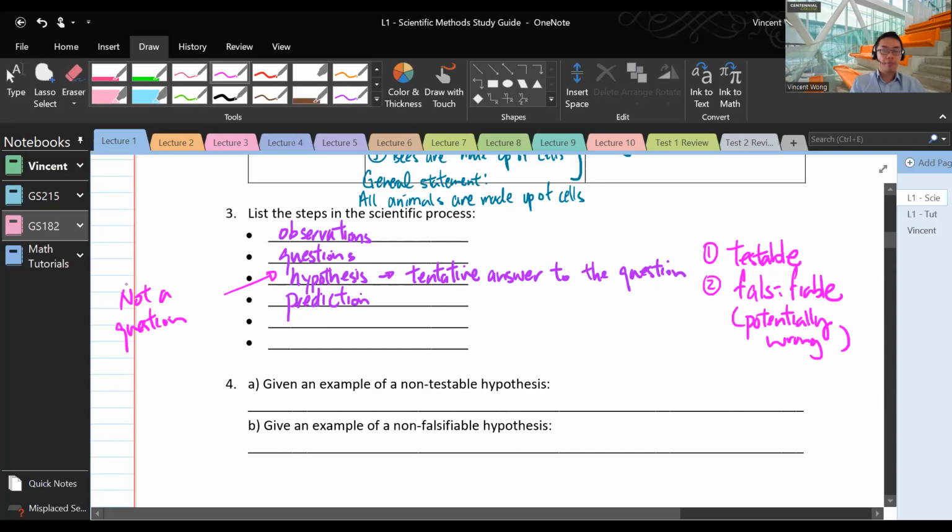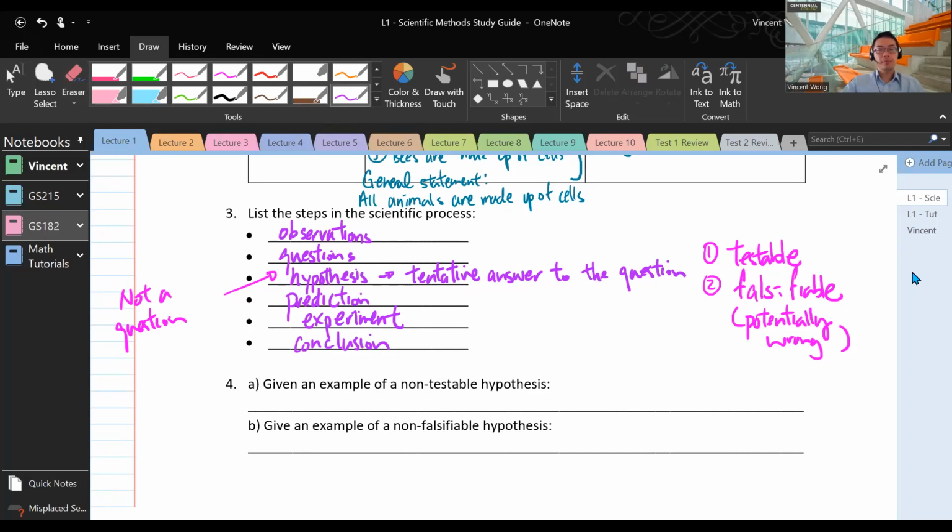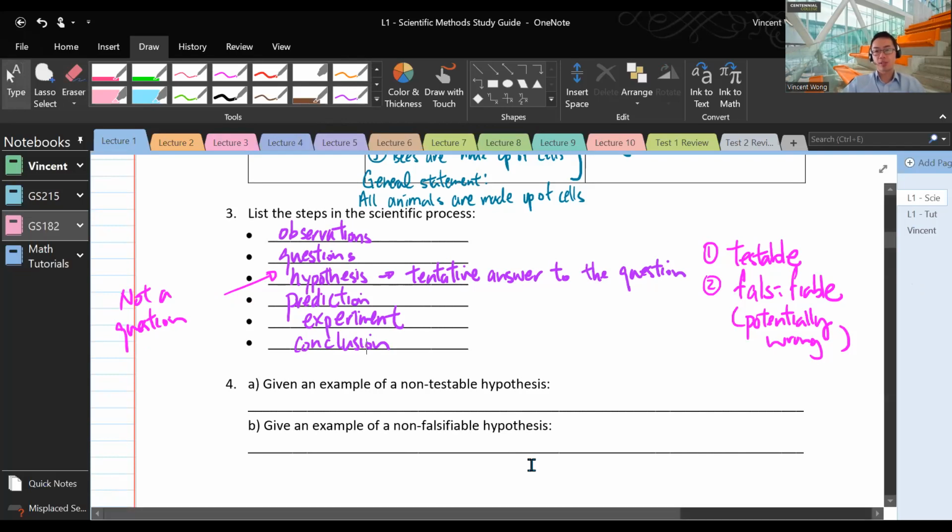When you do your lab and I ask you to write a hypothesis, it should be a statement. It should not be a question. After making the prediction, you would then go ahead and do the experiment. And from the data, you will make a conclusion. Those are the steps in the scientific process.